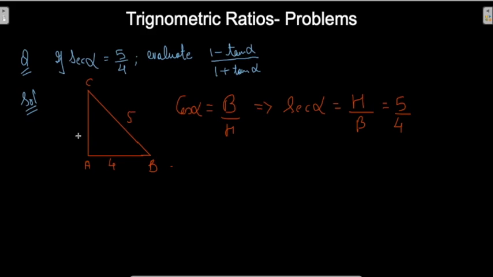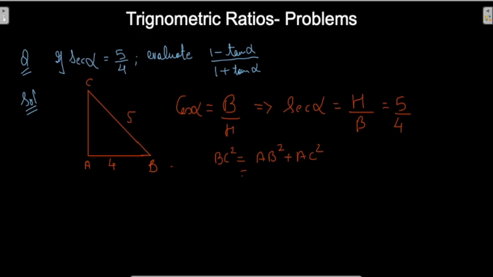The moment you get hypotenuse as 5 and base as 4, it's much evident what is going to be the value of perpendicular. But anyways, we'll find it out. So applying the Pythagoras theorem, BC square is equal to the sum of squares of both sides. What are the both sides? AB square plus AC square.